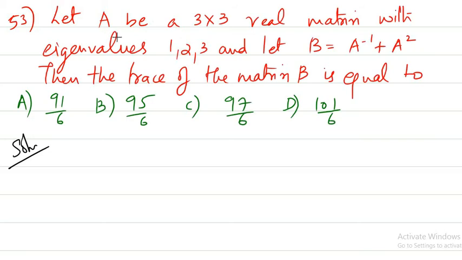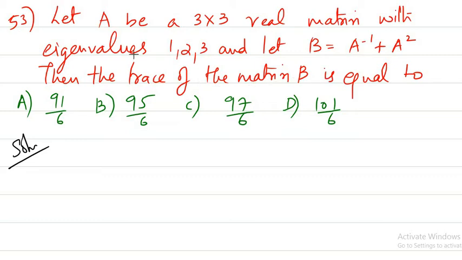It is question number 53 in the sheet given to you in the Telegram link below. Let A be a 3 by 3 real matrix with eigenvalues 1, 2 and 3, and let B be A inverse plus A square. We are asked to find the trace of the matrix B.